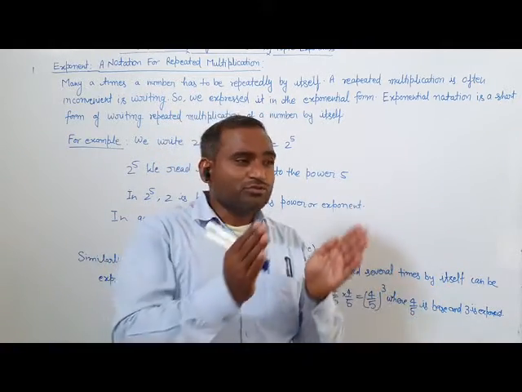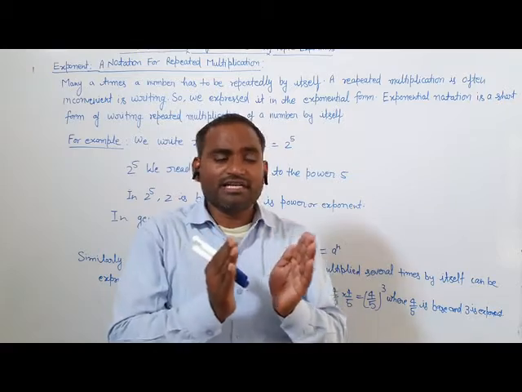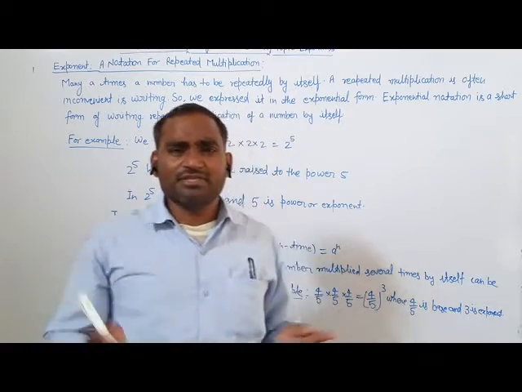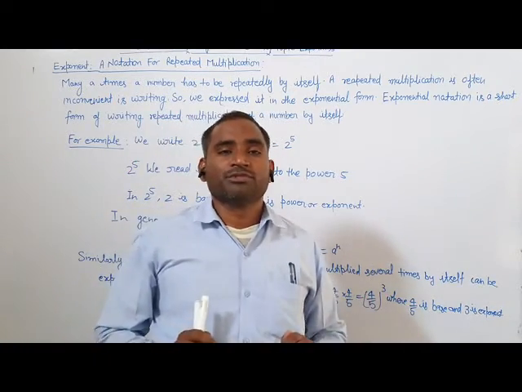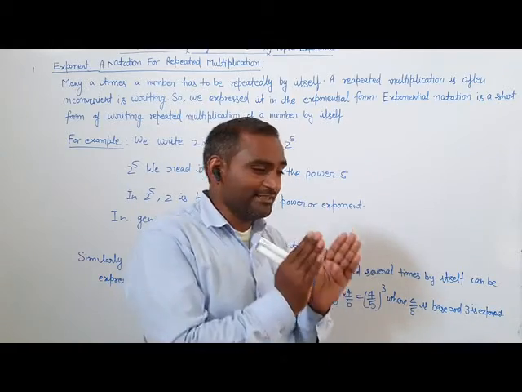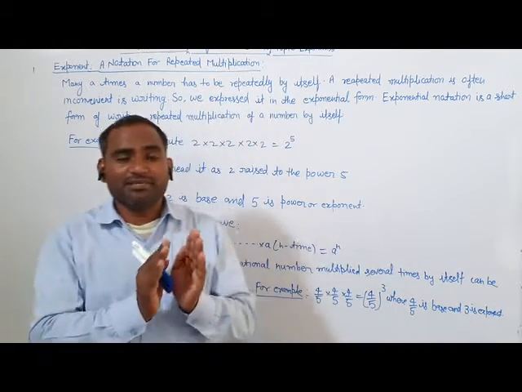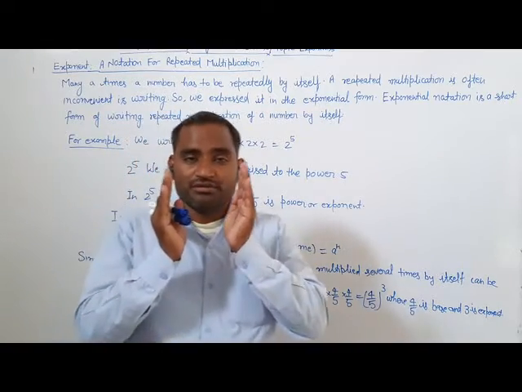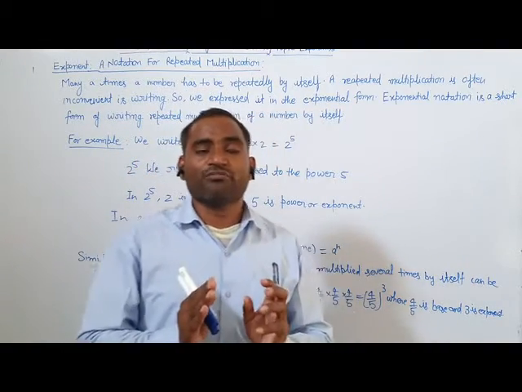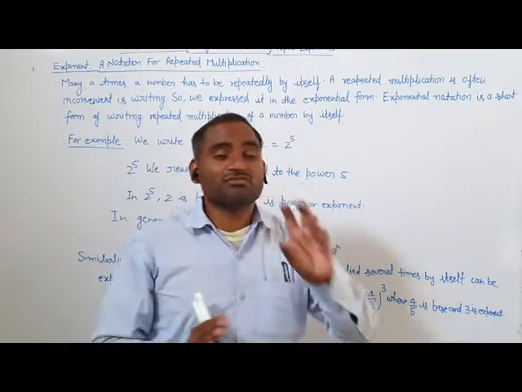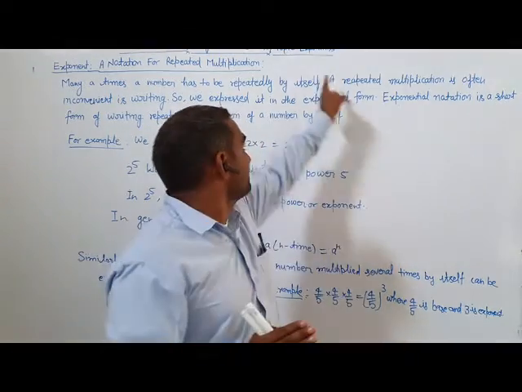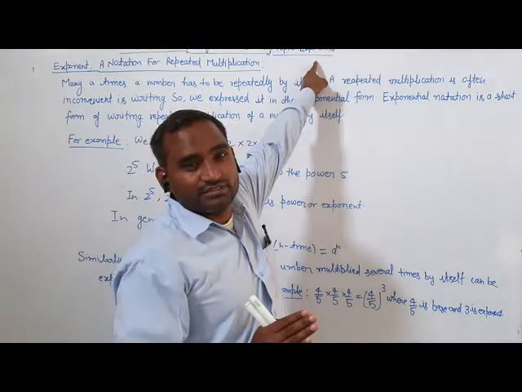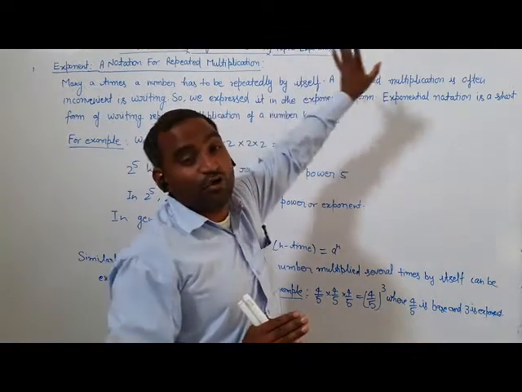So we need to write a number that is multiplied by itself many times in short form. The method of writing a number repeated by itself in multiplication in short form comes under this chapter, exponent.